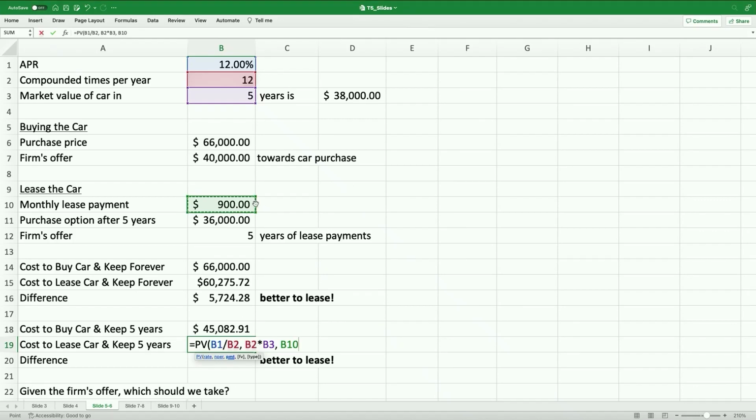When we sell it at the very end, we're going to receive $2,000. Do you agree? 38 minus 36, the difference between the two is 2,000. If the 900 is what we're paying out, positive, obeying Excel's sign convention, we want that $2,000 lump sum at the end to be negative.